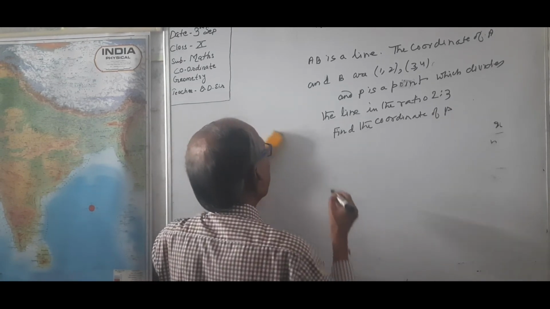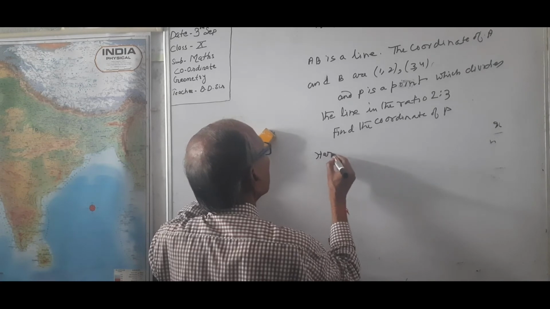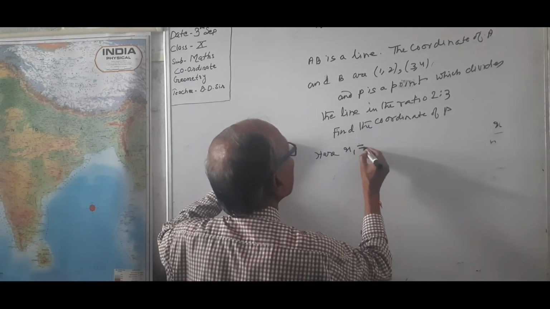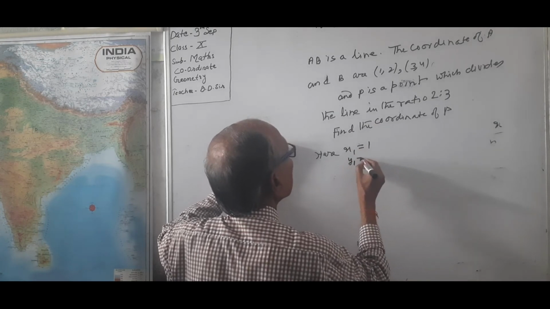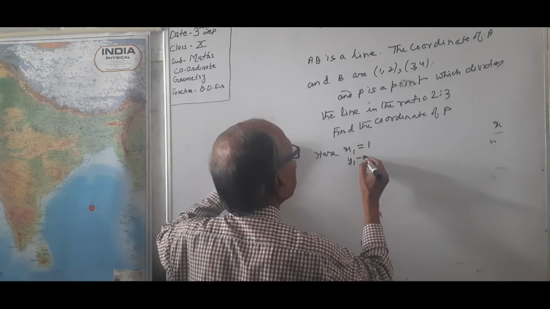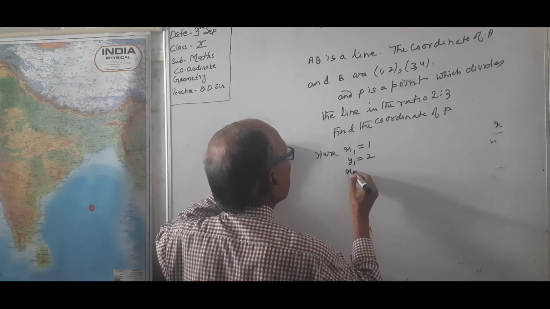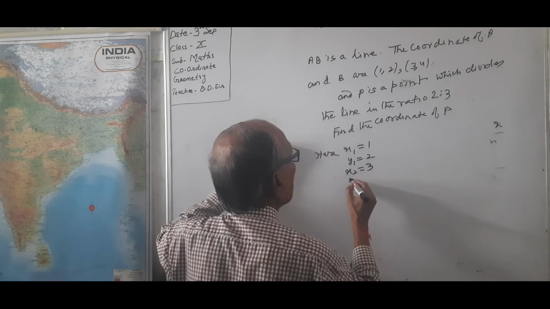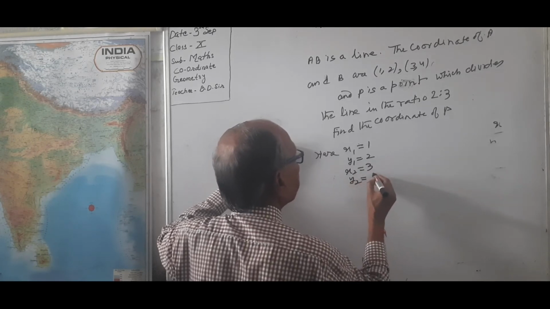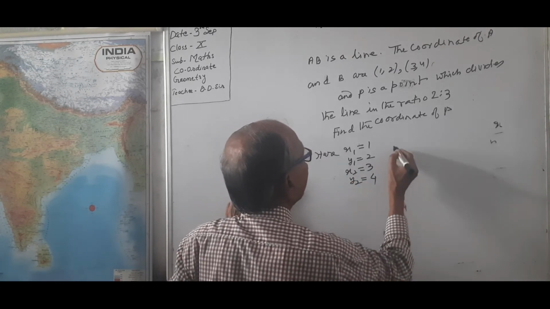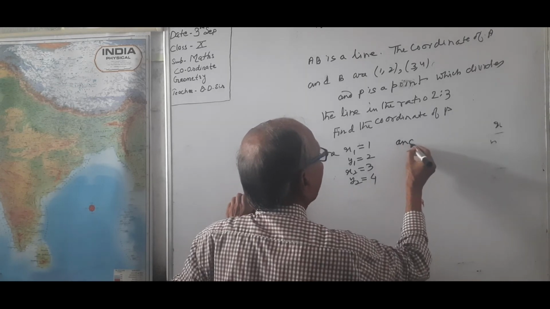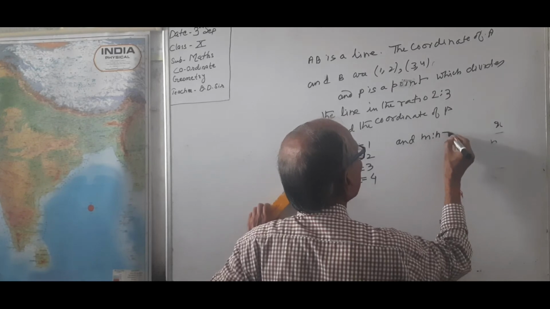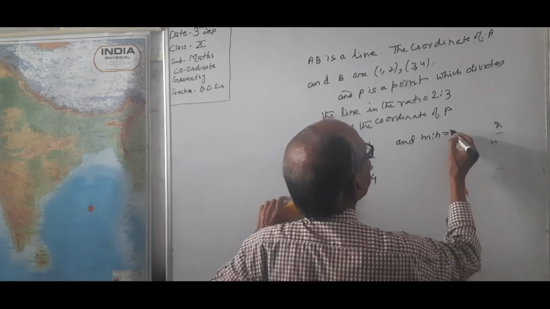So here x1 is equal to 1, y1 is equal to 2, x2 is equal to 3, y2 is equal to 4, and m:n is equal to 2:3.